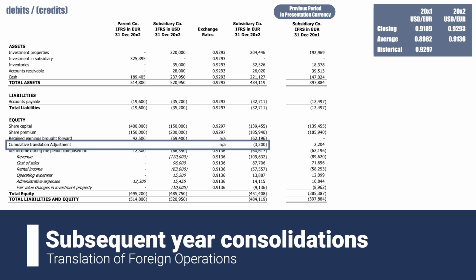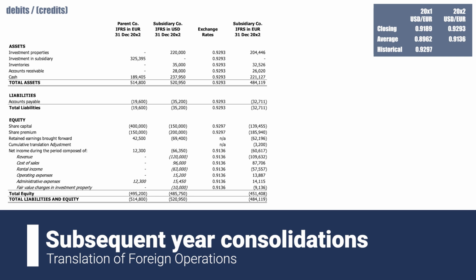It is good to note that this amount is already cumulative, which means that it includes all the CTA that we have recognized in the past, which is 2,204. The movement from 2,204 to 3,200 in credit, or a net movement of 5,404, will be the amount that you will see in the Statement of Comprehensive Income as part of the OCI from Translation of Foreign Operations. You will also see this further in the preparation of the Statement of Changes in Equity.